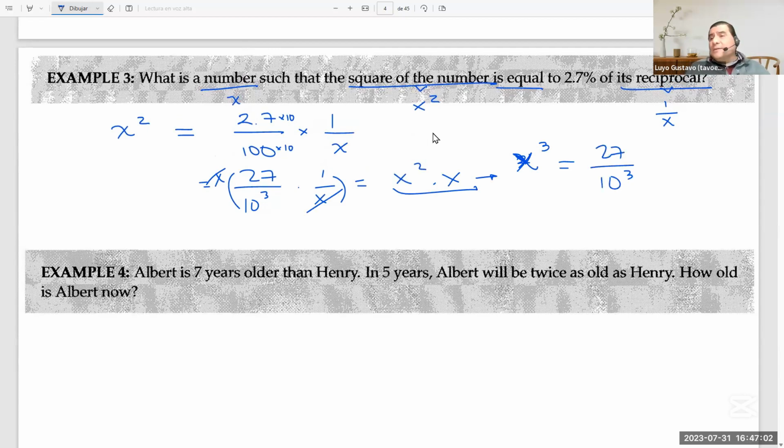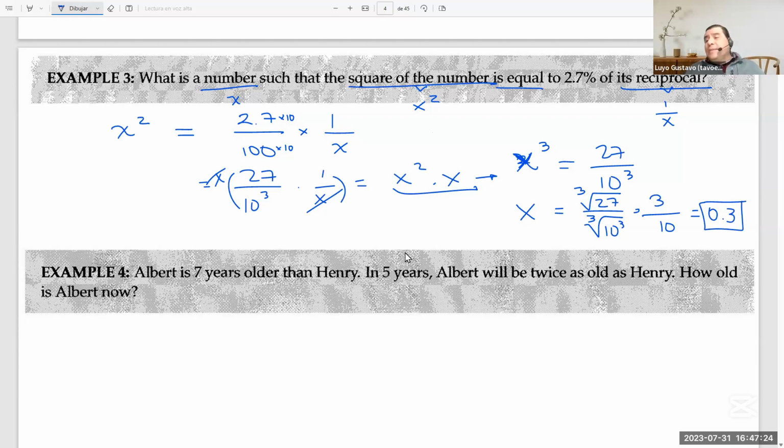Now you just take cube roots on both sides, right? x would be the cube root of 27 over the cube root of 10 cubed. So this is actually 3, and the denominator would be just 10. So 0.3, the answer to the question, all right?